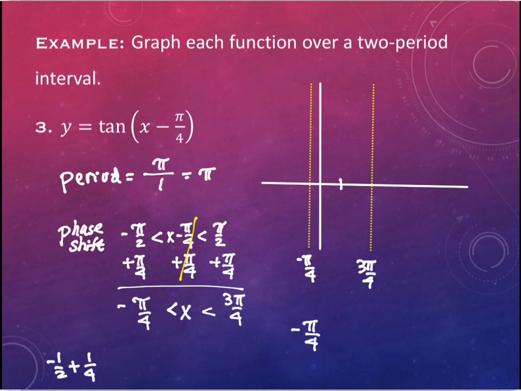So if I add negative pi over 4 plus 3 pi over 4, and divide by 2. So what is negative pi over 4 plus 3 pi over 4? Let's start with the top. It would be 2 pi over 4 first, right? And then we're going to divide by 2.